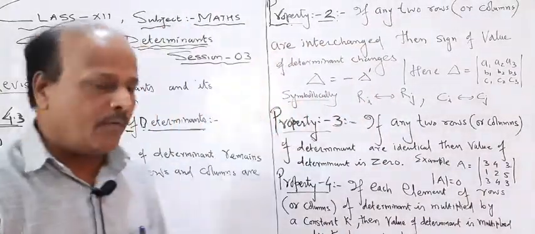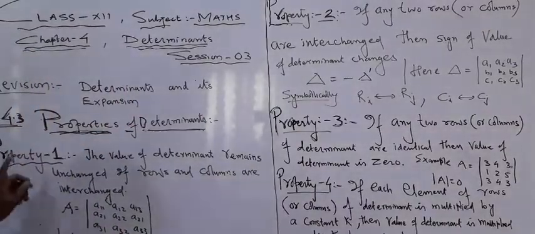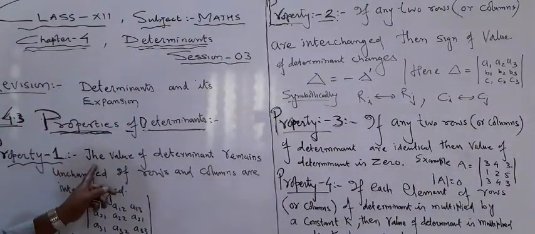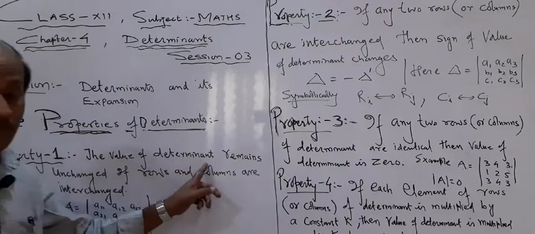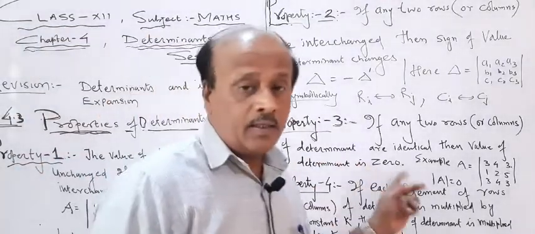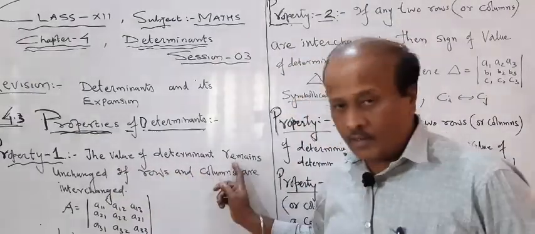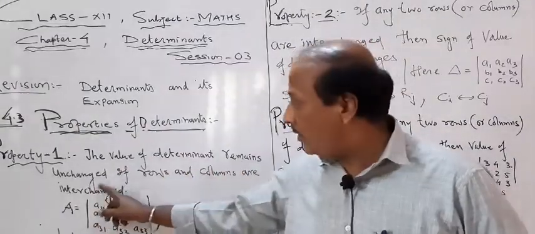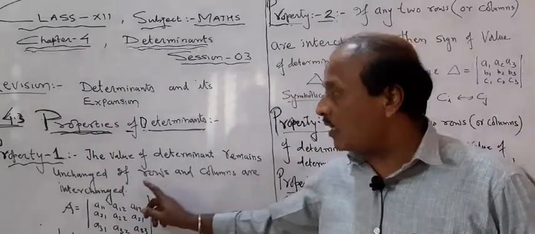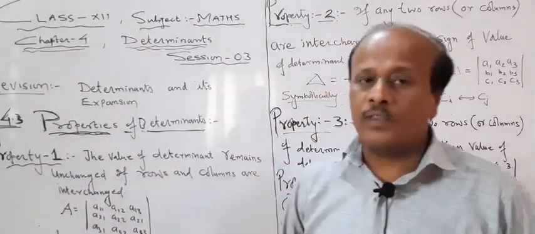Now property number 1, what is that statement? Property number 1 says that the value of a determinant remains the same, identical or unchanged if rows and columns are interchanged. What does it mean?